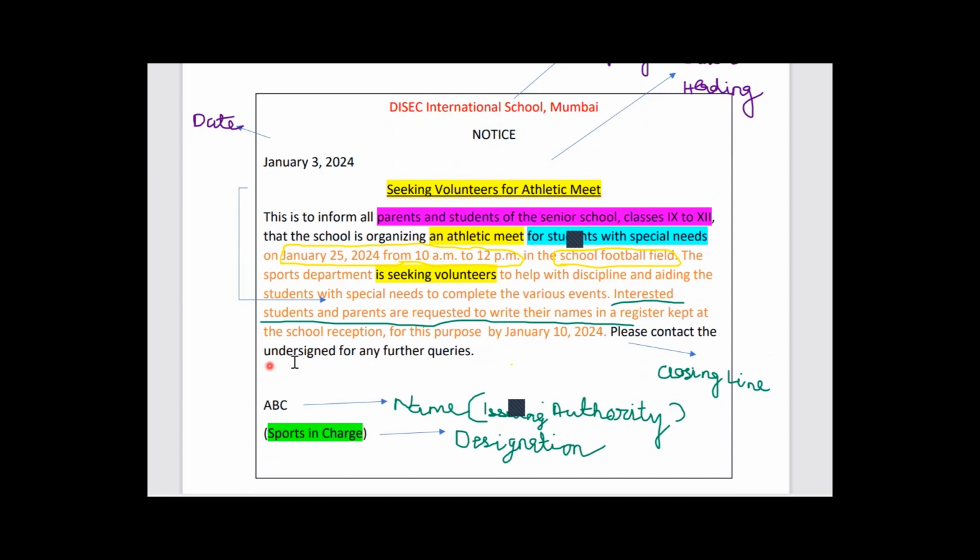Remember, the details come in one paragraph only. You do not use the first person, you always use the third person. Leave a line, left aligned to the date. You have the name, you have the designation in brackets.